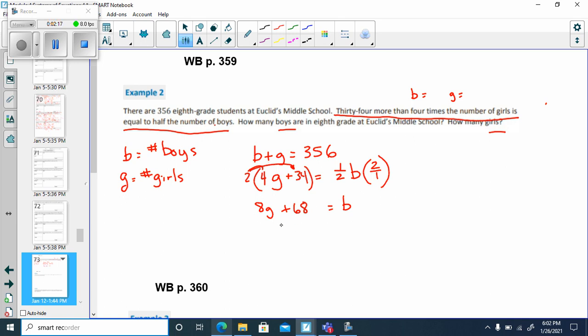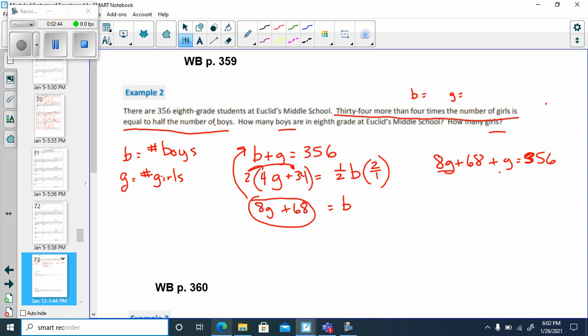If that's the case, can't I simply plug this in, substitute it in for B? So in place of B, I'm going to put 8G plus 68 plus G equals 356.